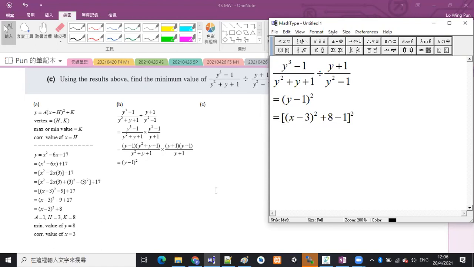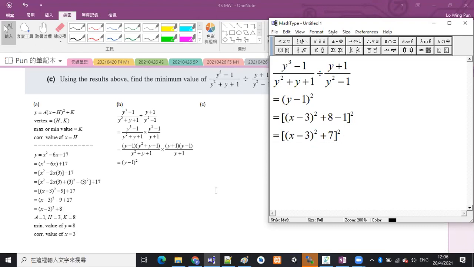Is that okay? Yes, it should be like this: x minus 3 square plus 7 bracket square.